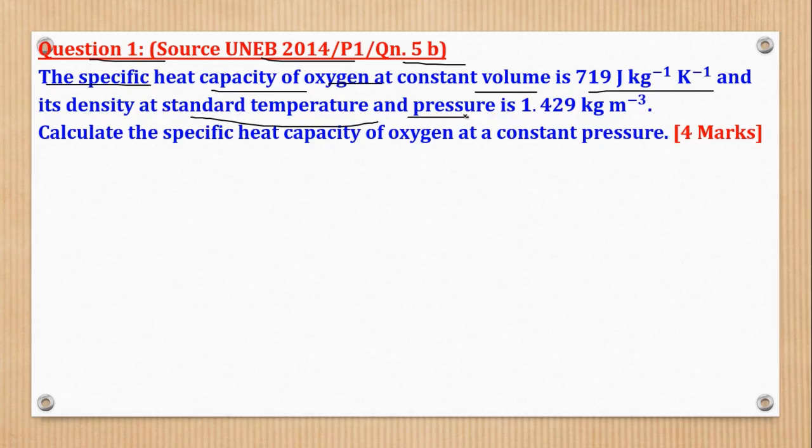Standard temperature and pressure means STP is this. Calculate the specific heat capacity of oxygen at constant pressure. So here, what was given is called cv. Now they want cp.